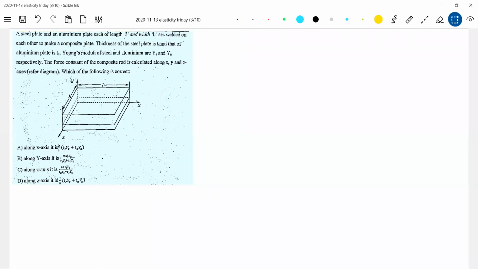Read the question. He's asking you to calculate the force constant. I'll give the diagram. Same diagram, let me take.